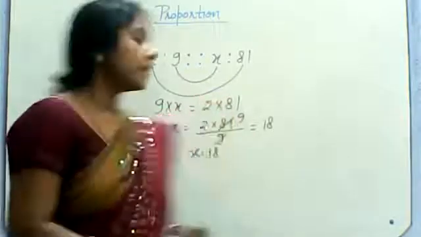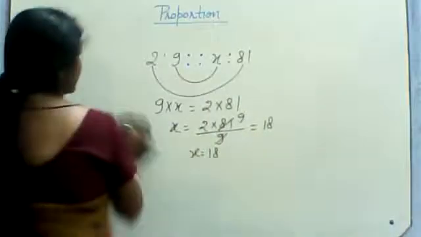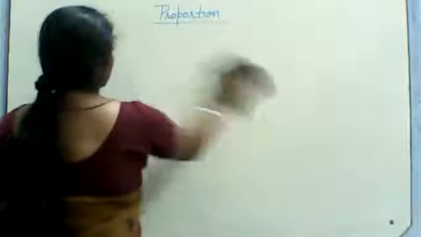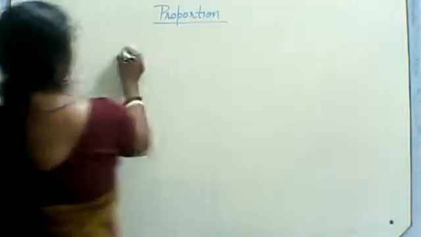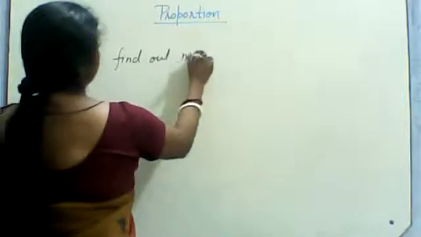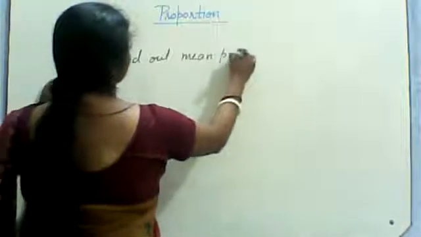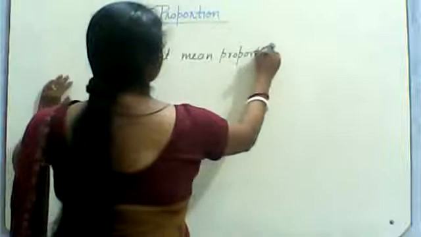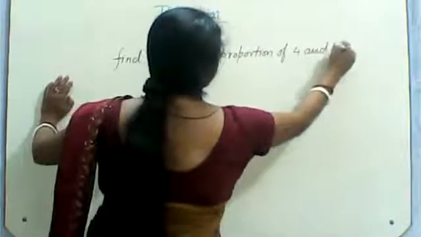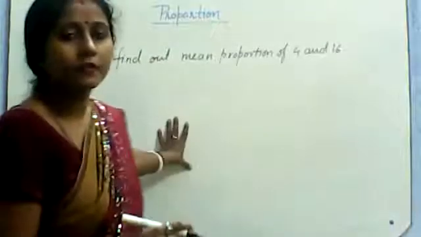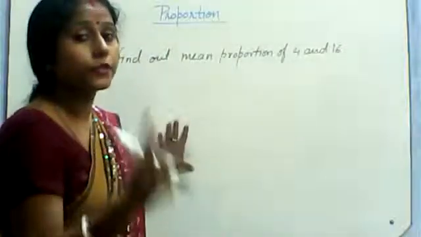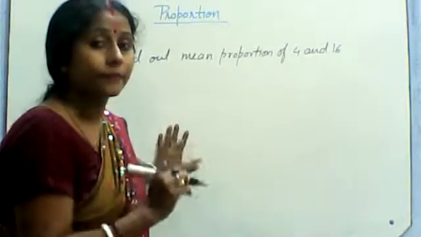Now the second type of proportion question is mean proportion. Find out the mean proportion of 4 and 16. What is mean proportion? Mean proportion means the second and third terms are the same.